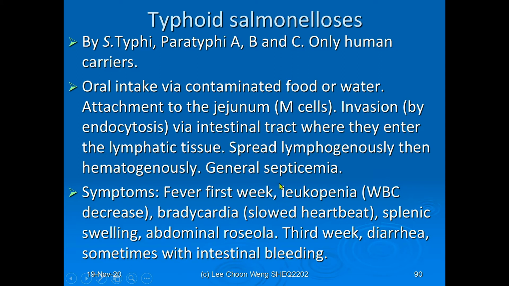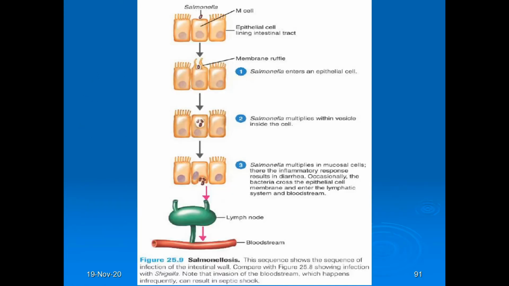What is important here is invasion by endocytosis via the intestinal tract, where they continue to enter lymphatic tissue and then enter the bloodstream. This mode of infection is important and differentiates Salmonella from Shigella.